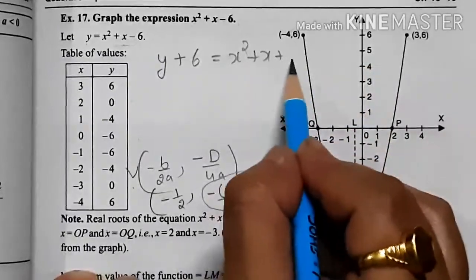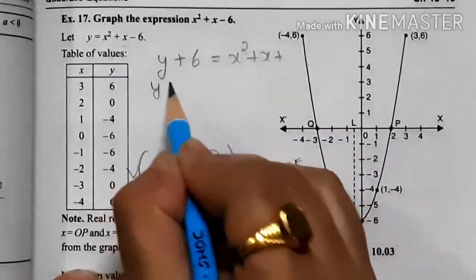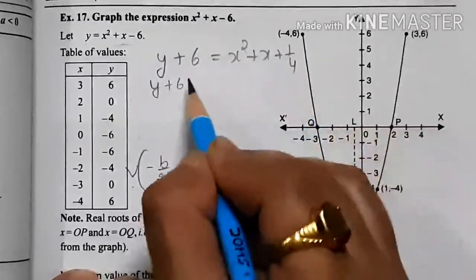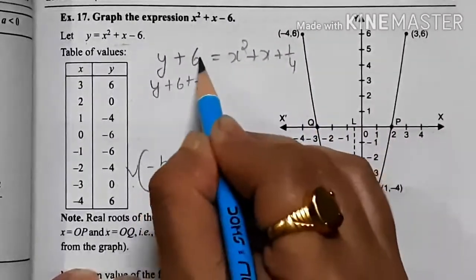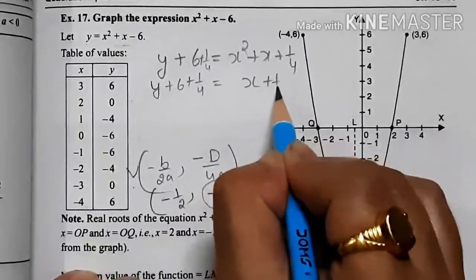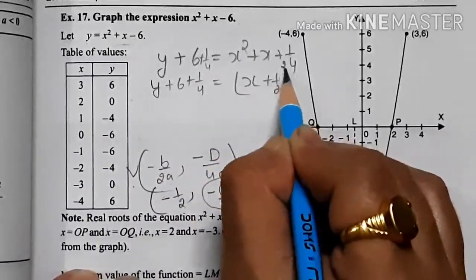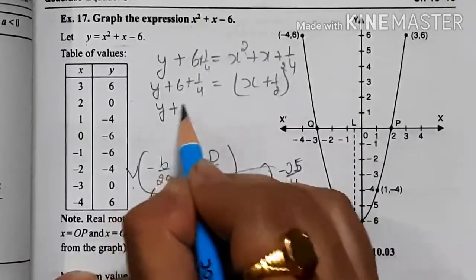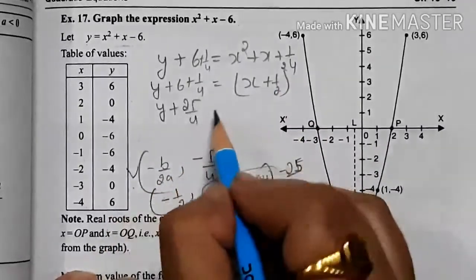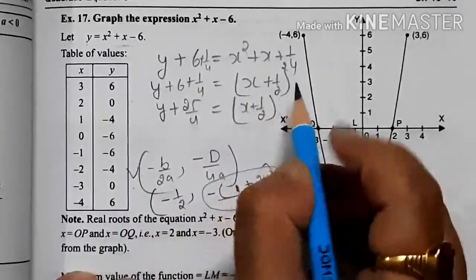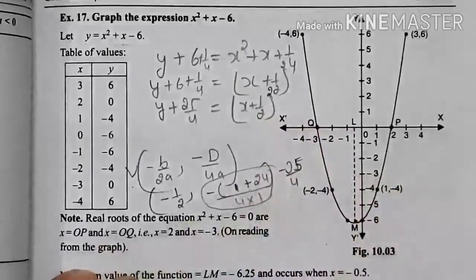I add 1 by 4 here and also 1 by 4 on the other side. So this becomes x plus 1 by 2 whole square, and the other side becomes 24 plus 1, 25 by 4, so y plus 25 by 4 equals x plus 1 by 2 whole square.